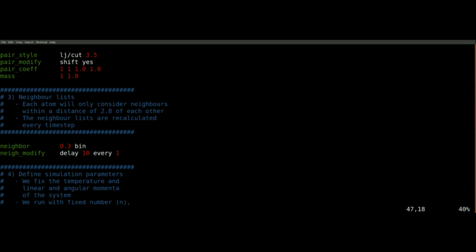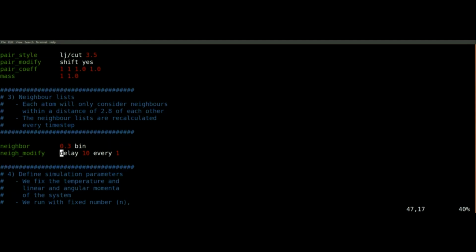But as I mentioned, you need to define how often you update the neighbor list, i.e. how often you check that there are no new particles within this larger cutoff, because otherwise particles might sneak in and you'll get wrong physics. The way you do that in LAMMPS is with a neighbor modify.